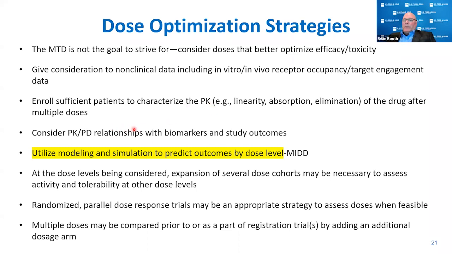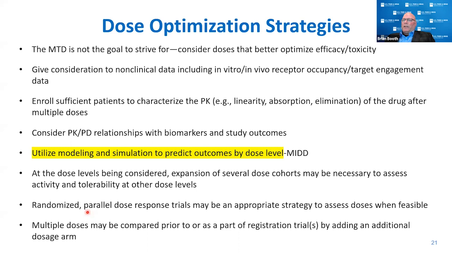PK-PD relationships, also very important. And in a moment, Hao is going to wow us with some examples of MIDD. When we get to the point where we've done our dose escalation and we're going to expand the dose cohort, it's probably a good idea to expand a couple of dose cohorts so we can get a firm handle on the behavior of the doses we're looking at.